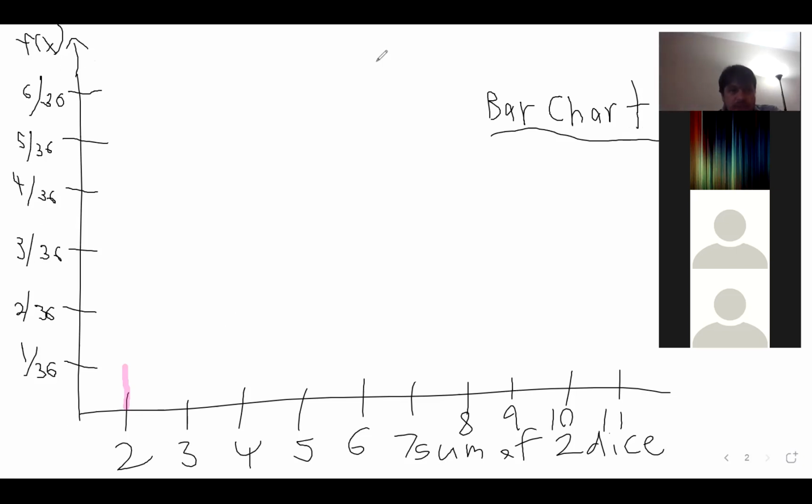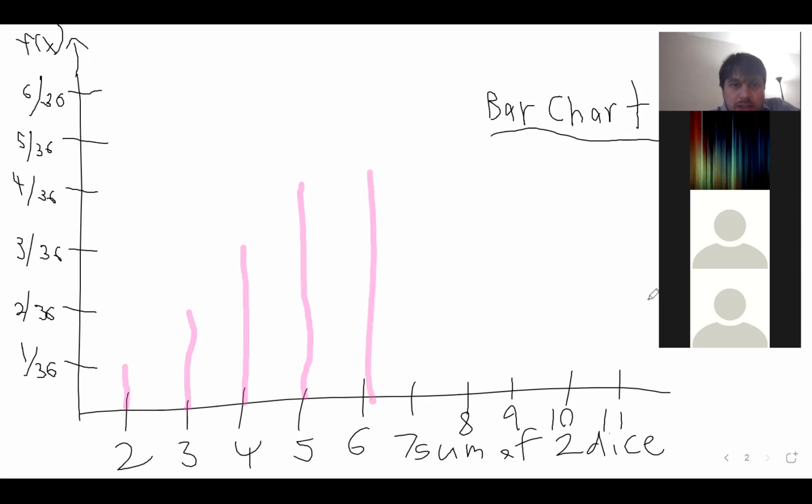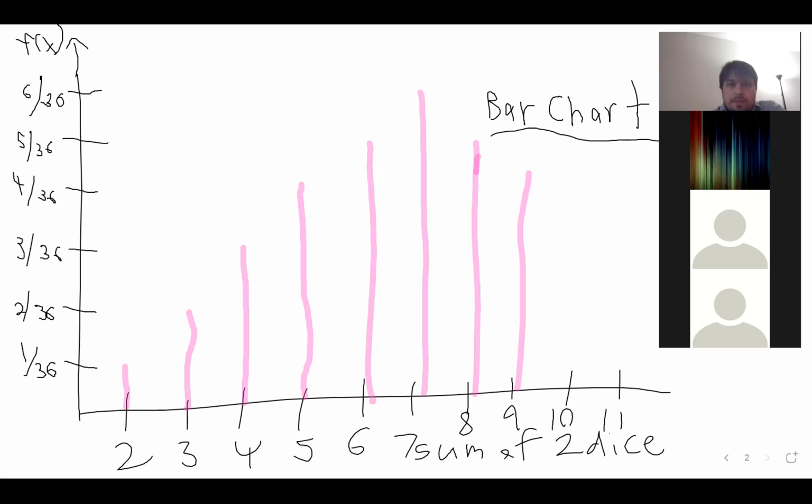Okay, these are probabilities. So the height at 3 is 2 over 36. The height over 4 is 3 over 36. The height over 5 is 4 over 36. The height over 6 is 5 over 36. Then 6 over 36, 5, 4, 3, 2.